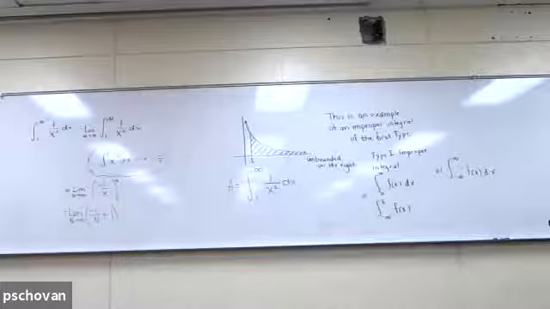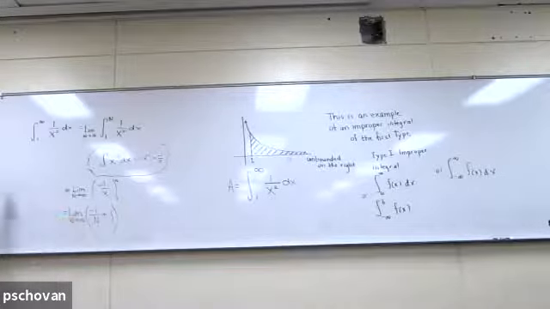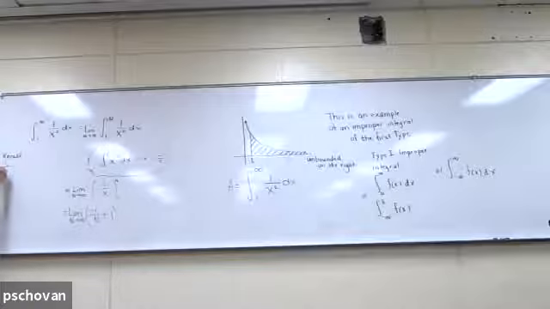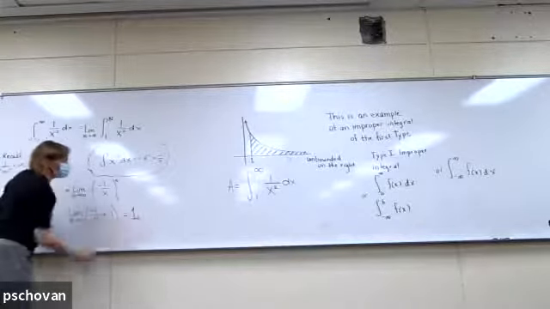Can you tell me the value of that limit? It's just 1. 1 over a very large number goes to 0, right? So that's 1. There's 1 square unit of area underneath that unbounded curve.